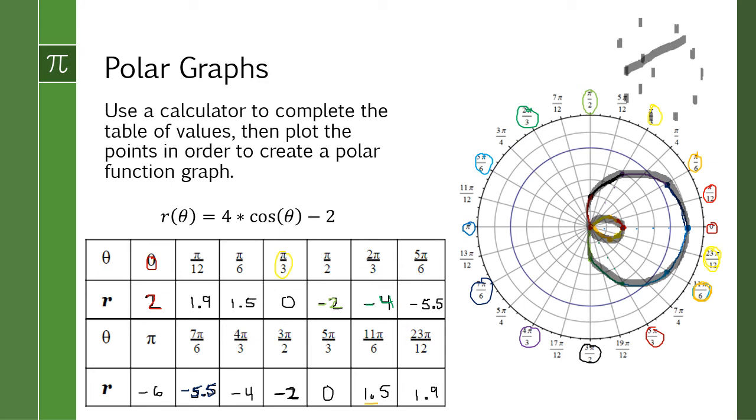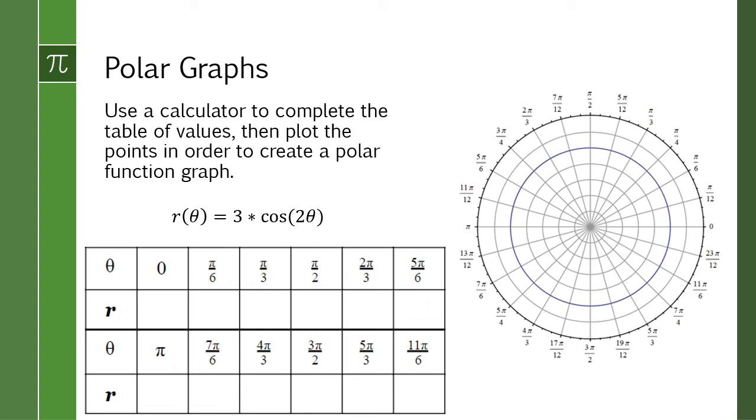Do we connect these ones out here and then come back in? Like, there's lots of different ways that you could connect the dots. So make sure that you don't just plot all the points at once, but that you are drawing in the little line segments as you go. And then you can go back and curve them out and make them pretty if you need to. But connect the dots as you go so you have some idea of the order in which the shape is connected.